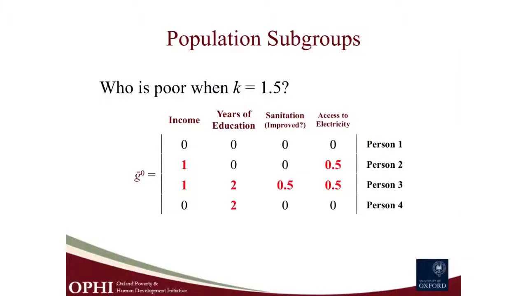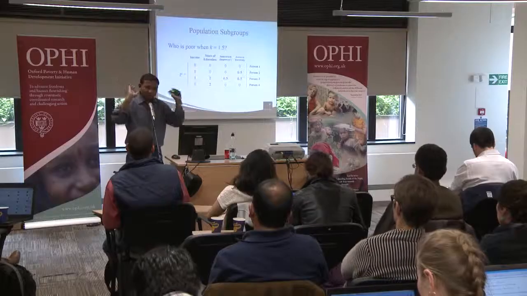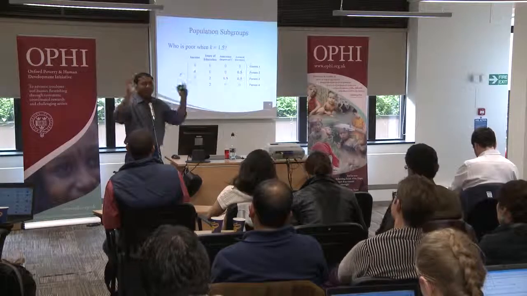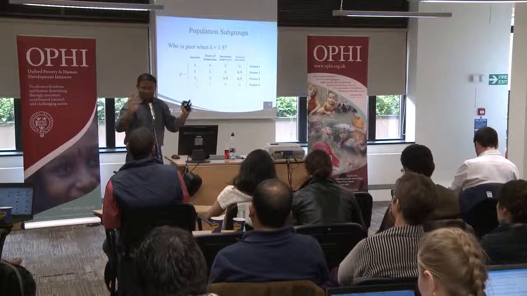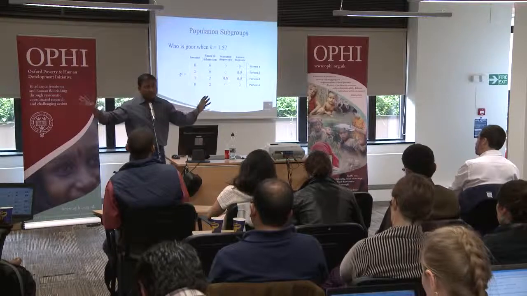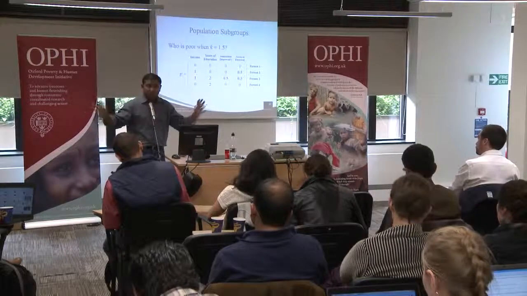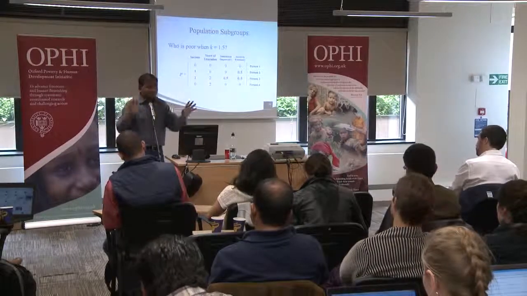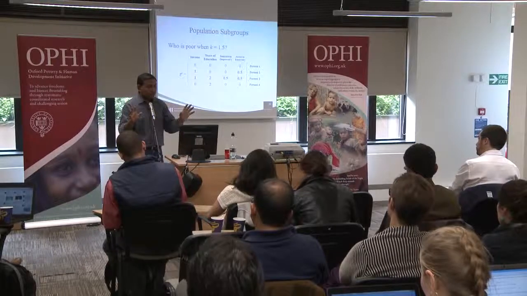Now, suppose k equals 1.5. It's not I who am deciding, there is a dictator, God, whoever that is, who has decided k equals 1.5. So it's given to me. How you decide on k is another question, a different, empirical issue. Suppose we have a k which is 1.5.